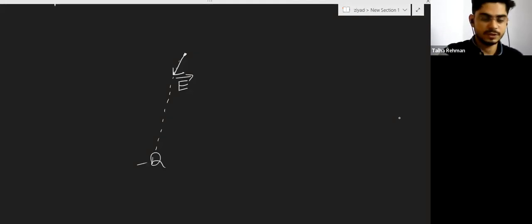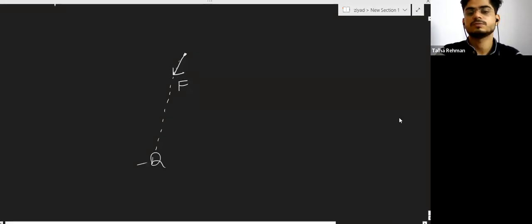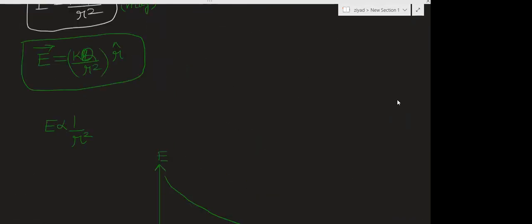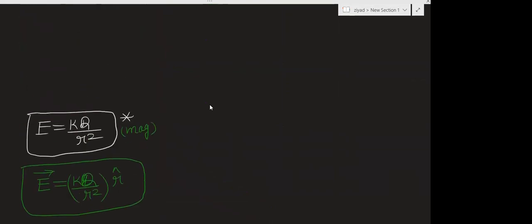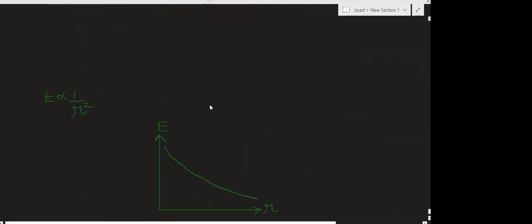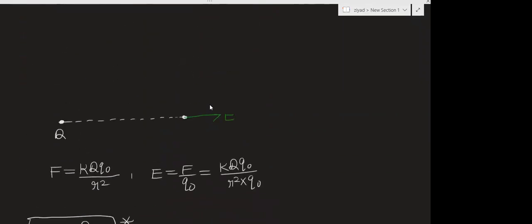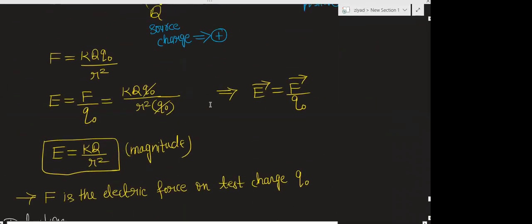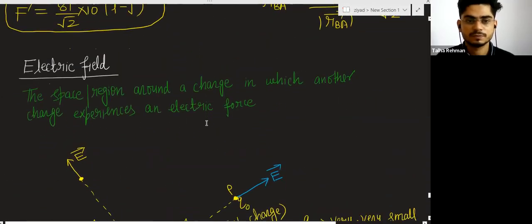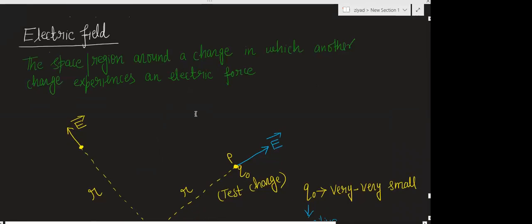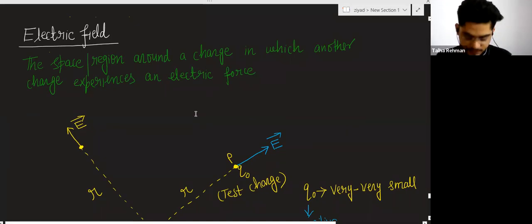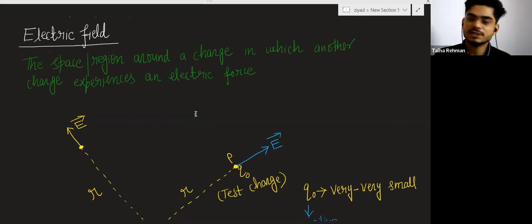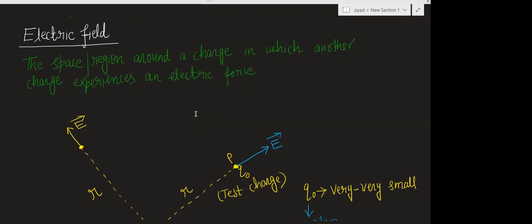Now you can note it down. From the electric field, now starting. So electric field is basically the region or the space around the charge in which a test charge experiences an electric force.